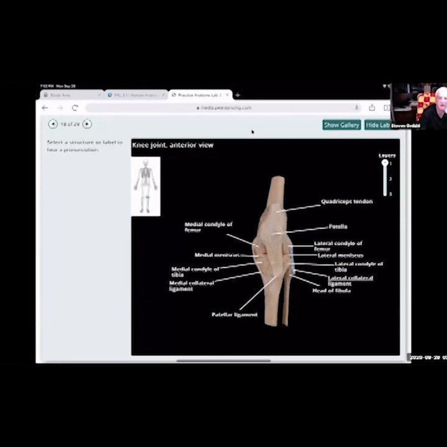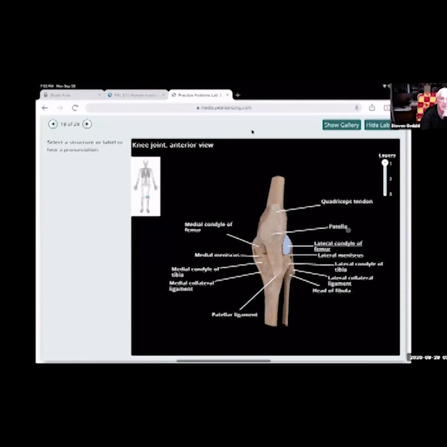That helps prevent injuries from the knee rotating. You have the lateral condyle of the tibia. Then you have the lateral meniscus, which performs the same function as the medial meniscus. You have the lateral condyle of the femur bone.